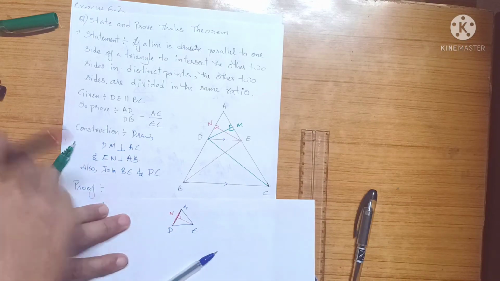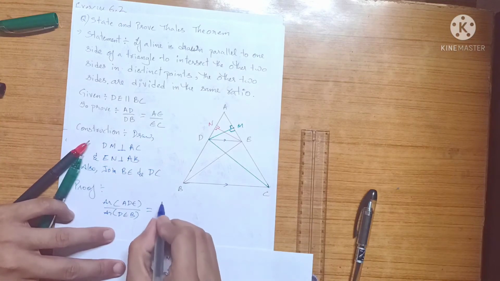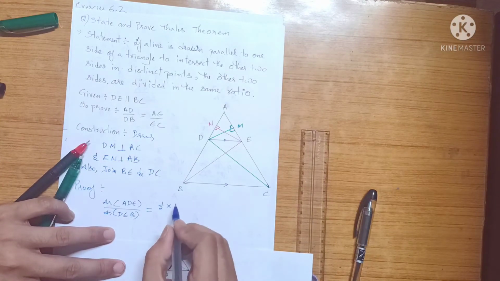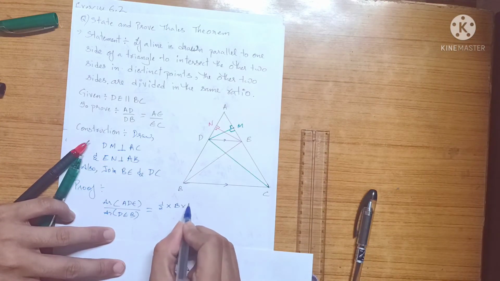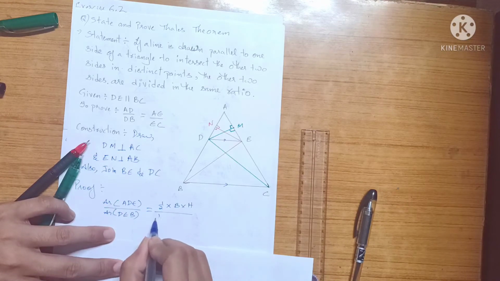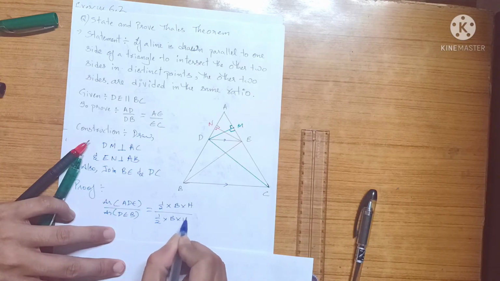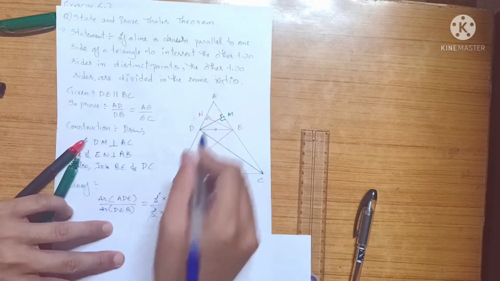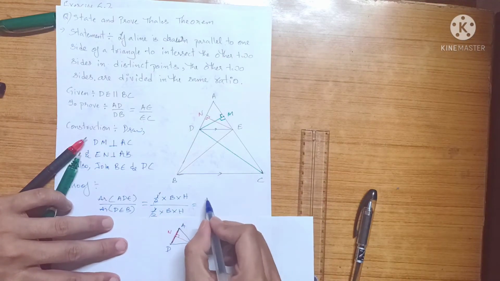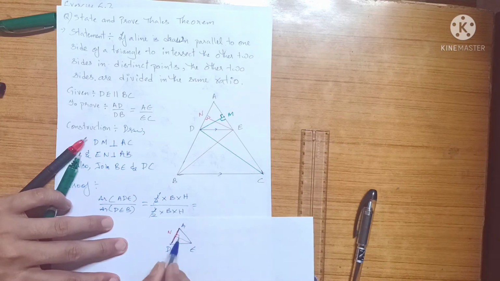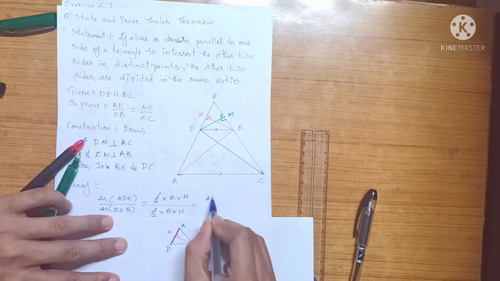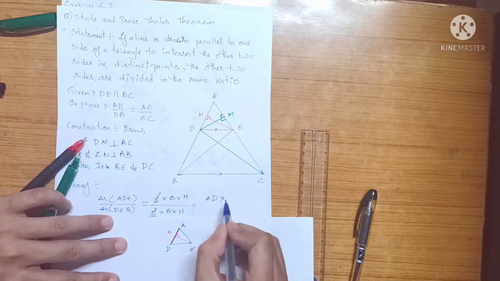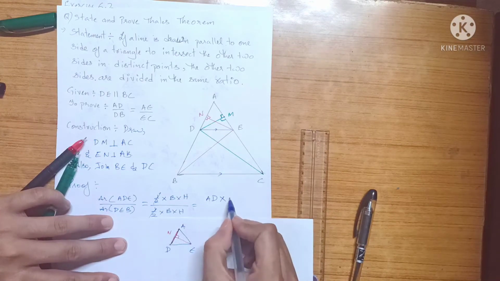So half into base into height. Let's just write the formula first, half into base into height, so we won't get confused. So half we can cut. Now base in this case for ADE is AD, because whatever the height is touching will become the base. So AD into height, which is NE.